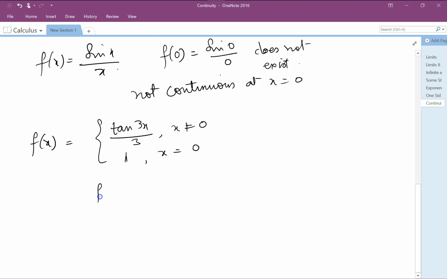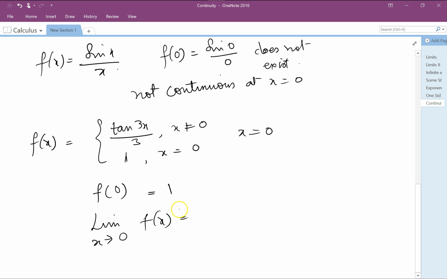We are interested in x equal to 0. Does f of 0 itself exist? Yes, it is equal to 1. Second is the limit as x approaches 0 of f of x.